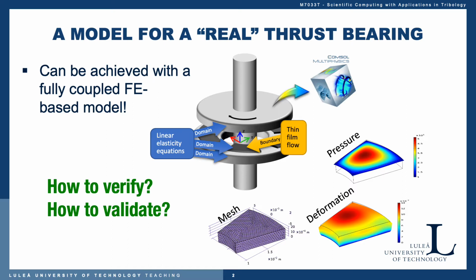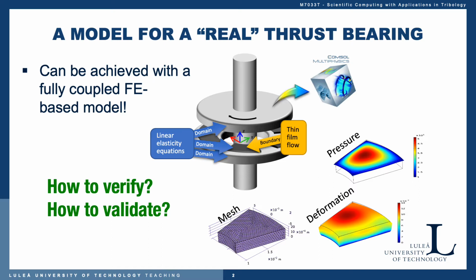And then we have the most crucial bit, it's the thin film flow physics, which models how the thin film flows between the collar and the bearing segments or pads.